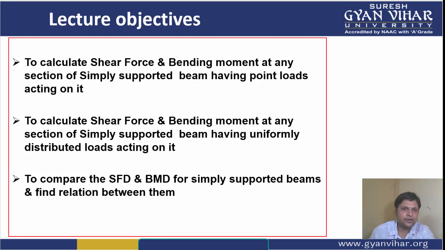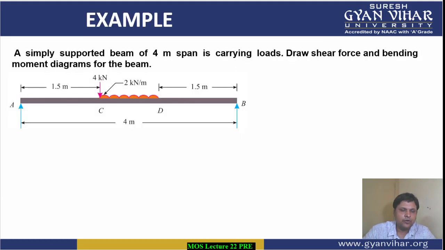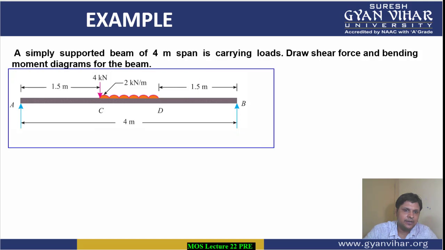Before moving directly into the numerical part, before we move into the discussion in which a beam is loaded with a point load as well as a uniformly distributed load, like in this example, you can see, students, that the beam is a simply supported beam which is supported at two ends.